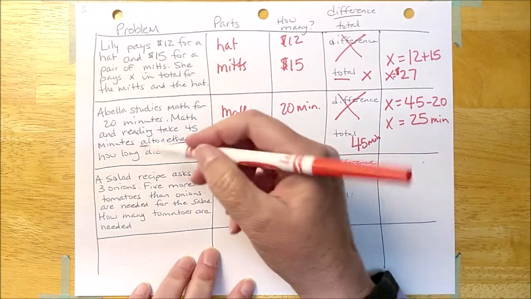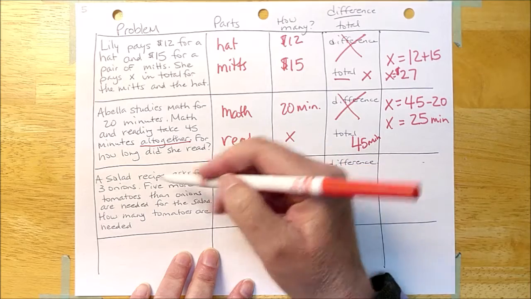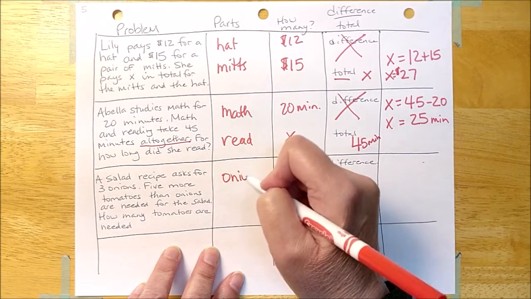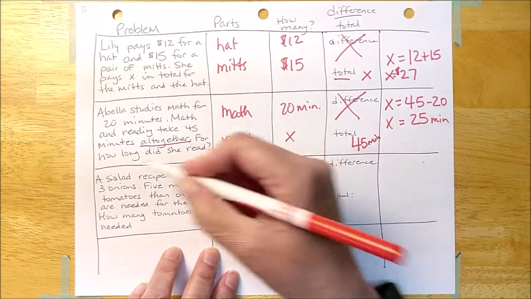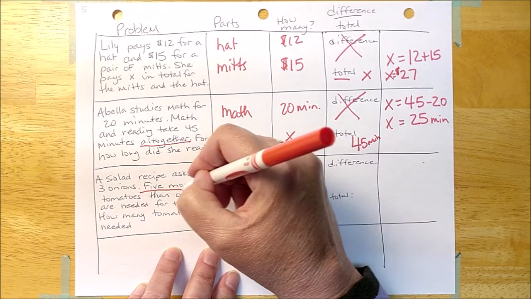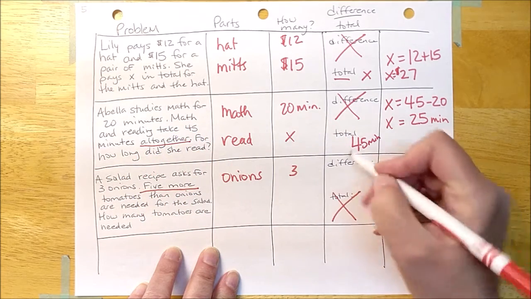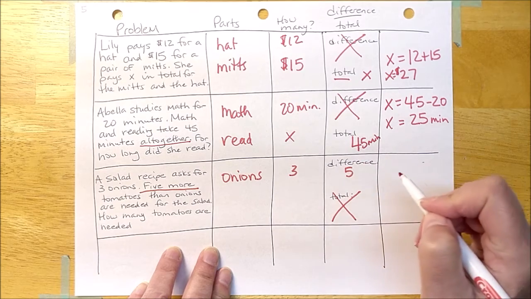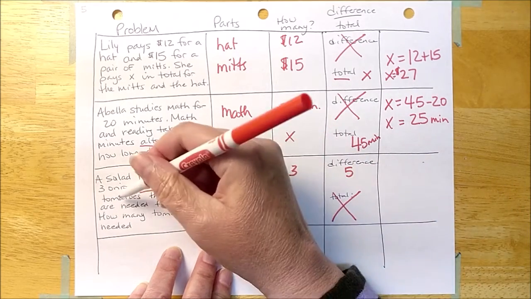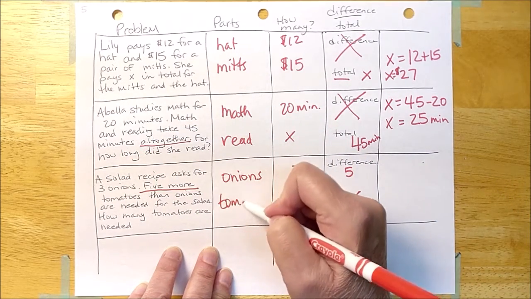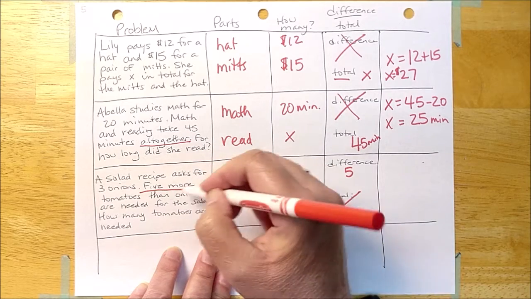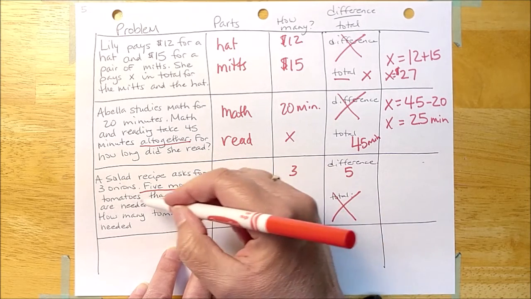And the last question, a salad recipe asks for 3 onions. So I have onions, 3. 5 more, that means I've got a difference. 5 is my difference. It says 5 more tomatoes. That's my other piece of information. Then 5 more tomatoes than onions are needed for the salad.